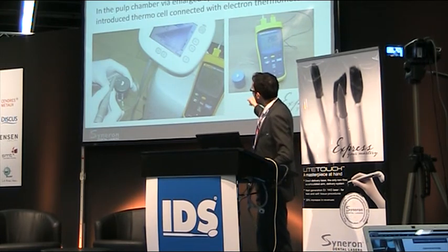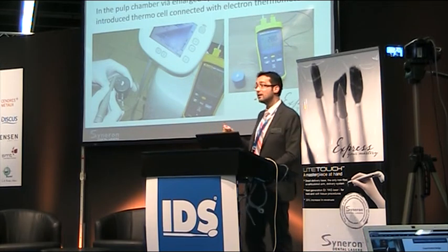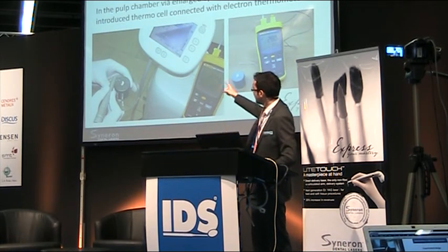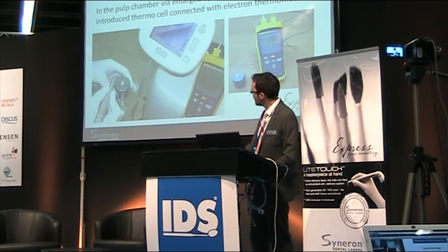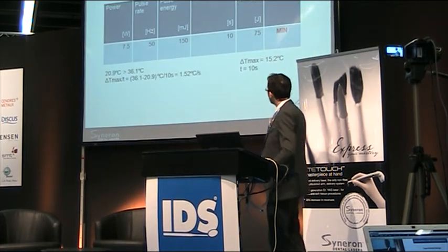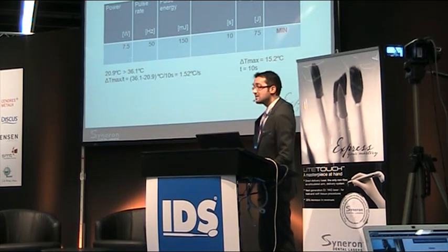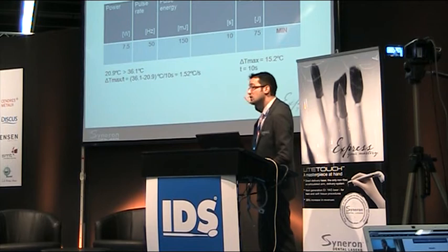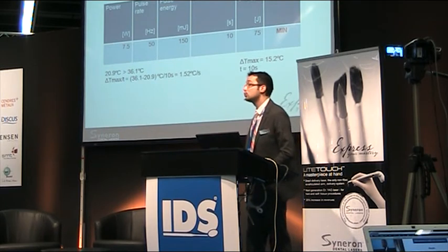This is the experimental design. We put a thermocouple into the pulp chamber, and this thermocouple is connected to the thermometer, and then we prepare the tooth and evaluate the temperature changes. What are the results? You can see when we minimize the water cooling or switch off the water cooling, the temperature is increasing up to 15.2 degrees.